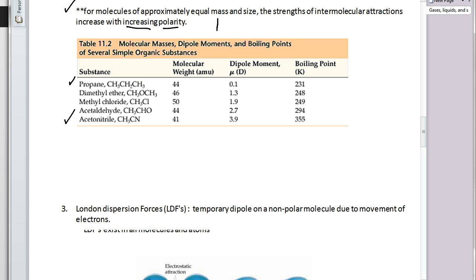Looking at the molecular weights, they don't deviate very much, 44 to about 41. They're pretty close. But the big difference between them is their dipole moments, measured in debyes.